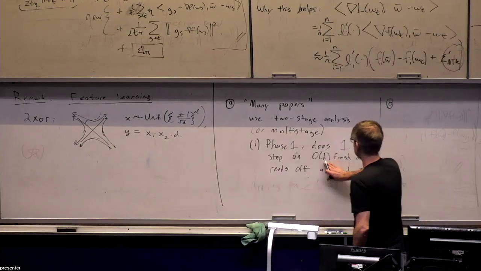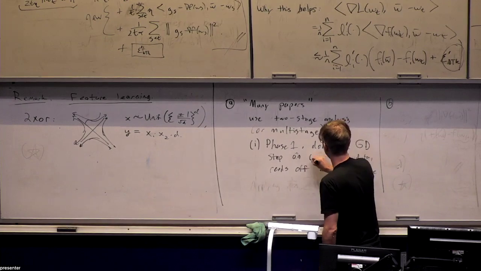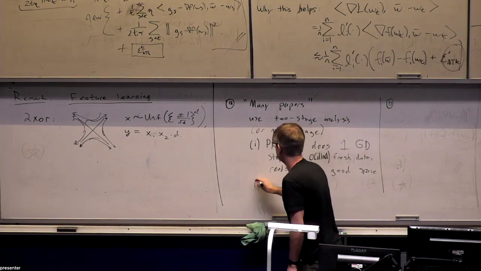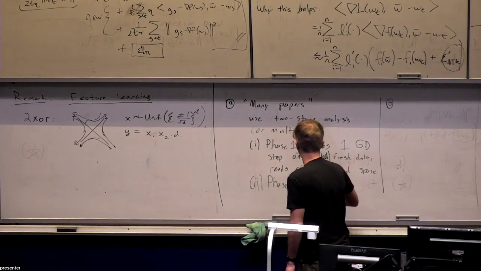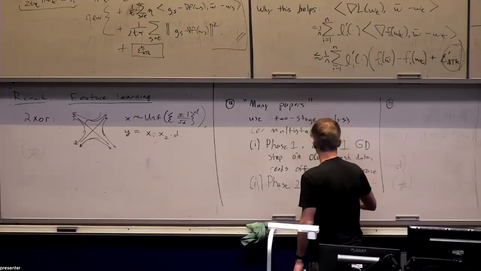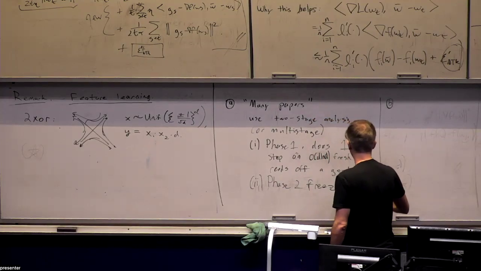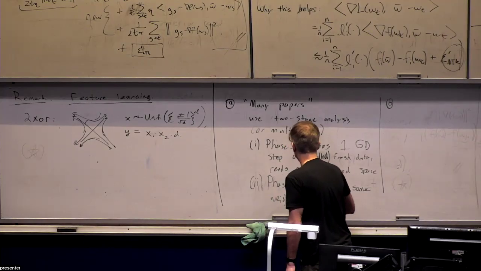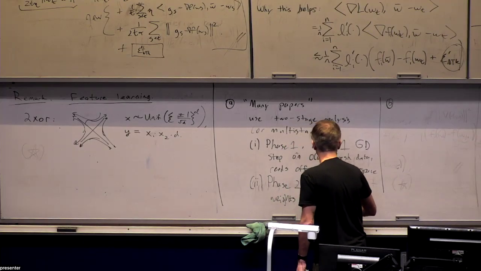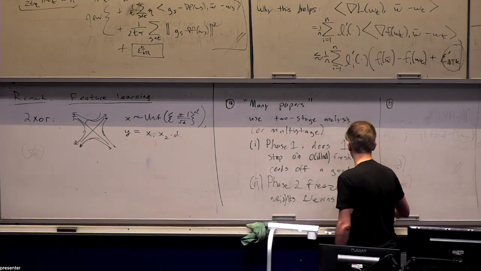So I said order d, I should really say d log d. And then phase 2 freezes some weights and learns, I'll say convexly, on top of that.